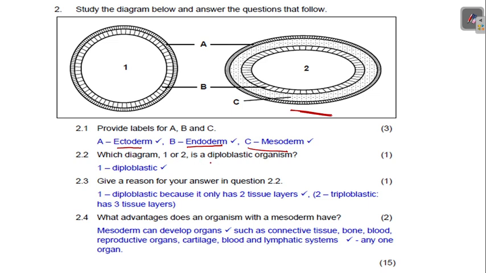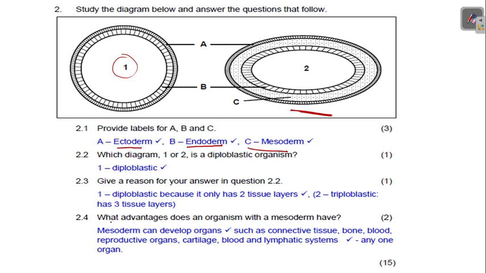Which organism, 1 or 2, is diploblastic? It will be organism 1 because it only has the ectoderm and endoderm alone. Now, give a reason for your answer. 1 is diploblastic because it has 2 tissue layers. Triploblastic has 3 tissue layers.